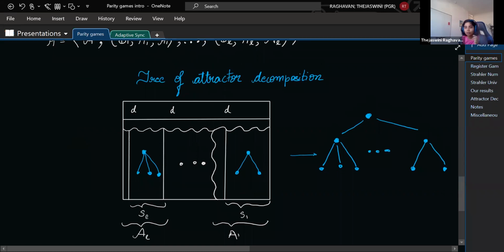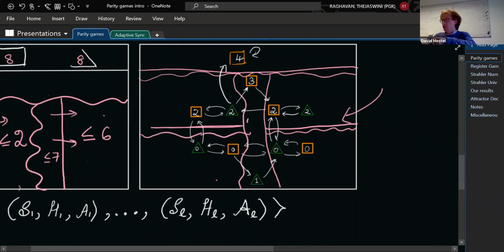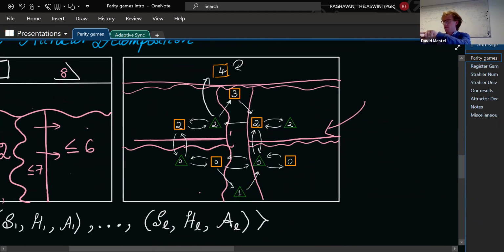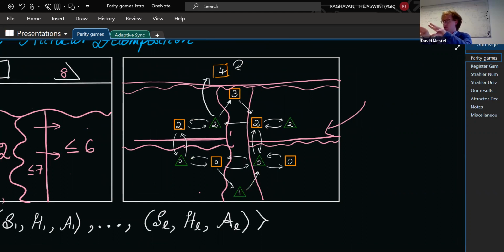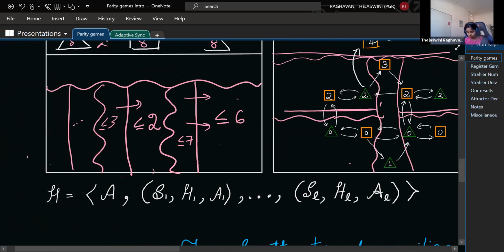Sorry, just a quick question about your example. You have two of these regions, winning regions of priority at most 2. Why does the decomposition make them two separate regions rather than one region? Yes, that's a good question. Ideally, what we want is for these winning regions to be winning in the remaining graph.